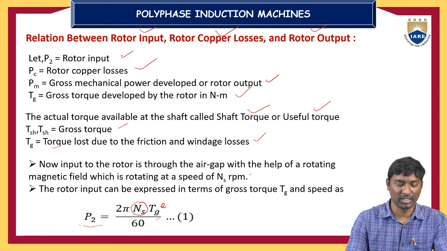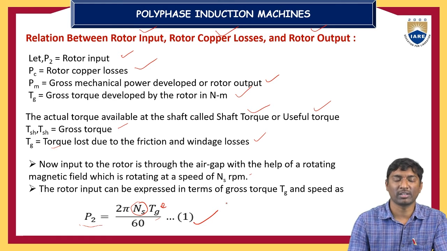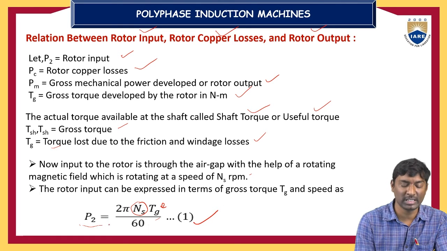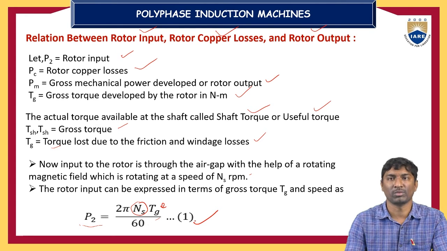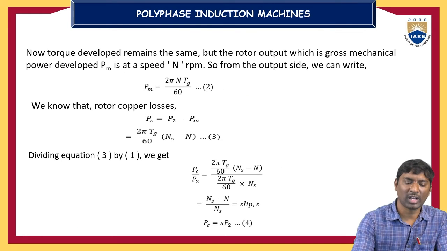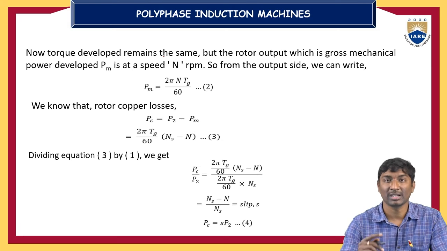This is the first equation: P2, the rotor input power, is equal to 2 pi Ns Tg divided by 60. Now the torque developed remains the same, but the rotor output, which is the gross mechanical power developed Pm, is at the rotor speed.